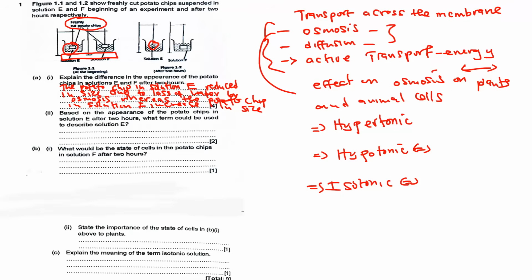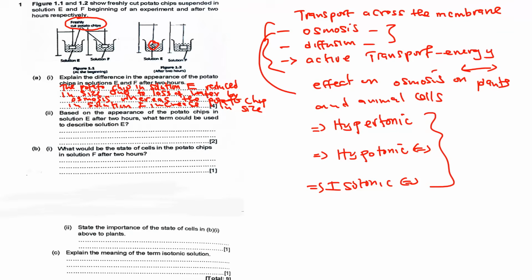Now let us look at the second one, that is A2. Based on the appearance of the potato chips in solution E after 2 hours, what term could be used to describe solution E? Is it hypertonic or hypotonic?